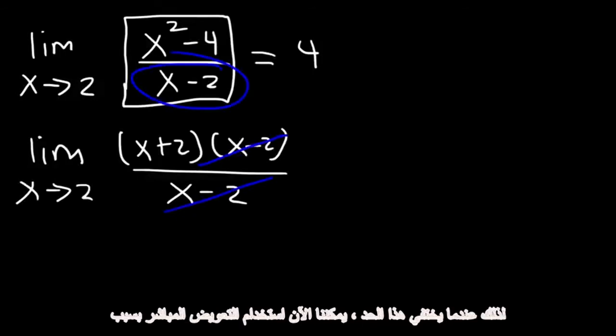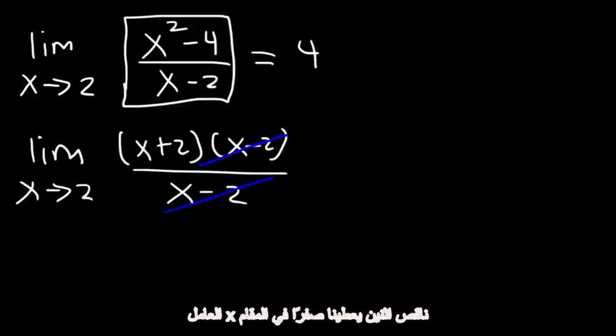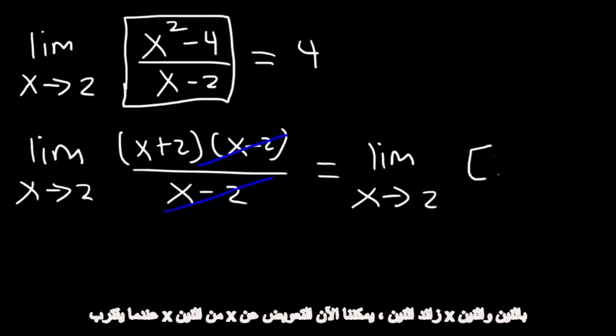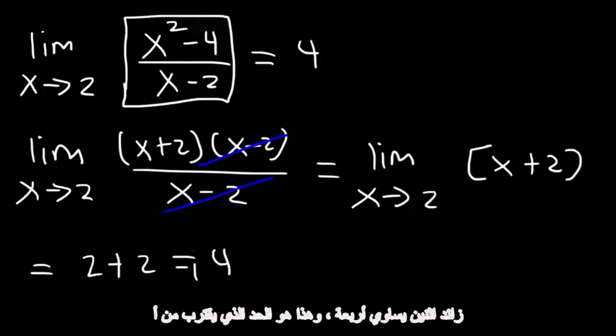So when this term is gone, we can now use direct substitution because the x minus 2 factor was giving us a 0 in the denominator, which we don't want. So now all we need to do is find the limit as x approaches 2 of x plus 2. So now we can replace x with 2, and 2 plus 2 is 4. And so that's the limit. It approaches a value of 4.